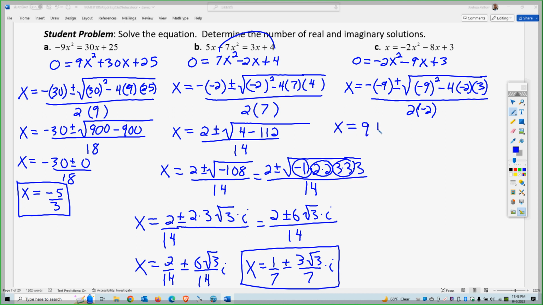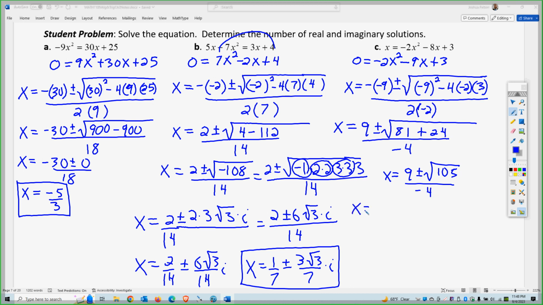So 9 plus or minus the square root of 81. So that's a double negative, so that's going to be a positive, right? So 8 times 3 is 24. And then -4. Okay, so x is equal to 9 plus or minus the square root of. So let's see, 81 and 24 is 105.